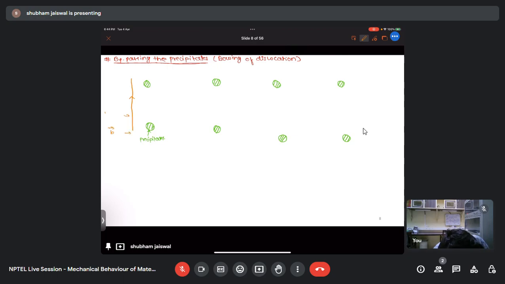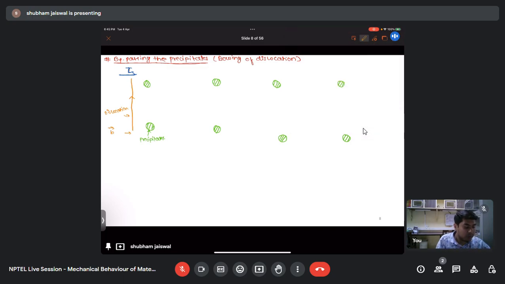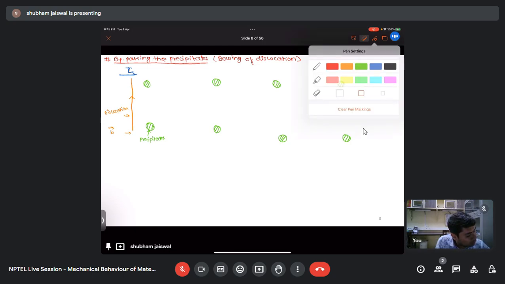So what will it do? When I apply a shear stress, let's say I have applied the shear stress tau, as soon as it comes near the precipitates, it will try to bow out. As the precipitate size is large, it is difficult to shear that precipitate. So it will try to bow around the precipitates.